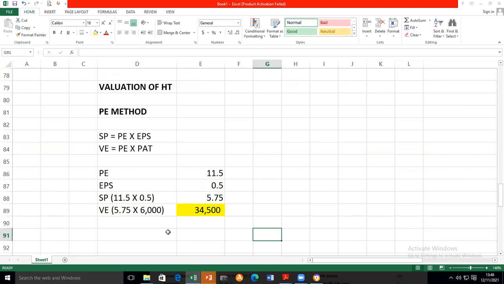So this is a common question, people. This is the method for valuing a company. What's the weakness of this method?